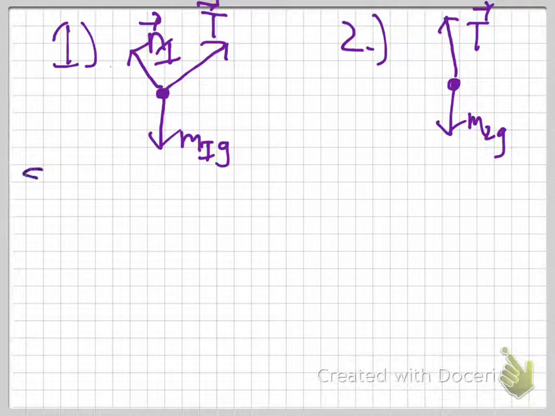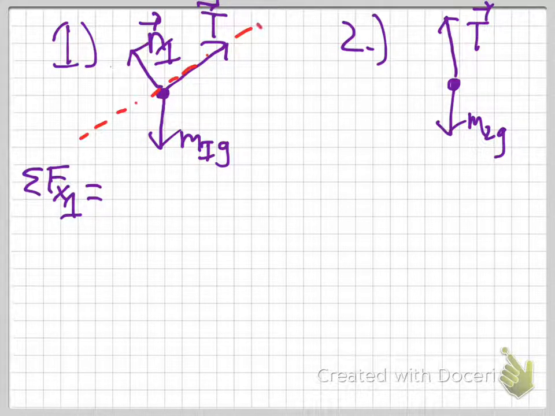Okay, so I'm going to do my forces for 1 first. Let's do the x. Now we've done this sometime here. So remember that this is the x direction. This is the y direction. I know I've done this many, many times, but I will do it again.